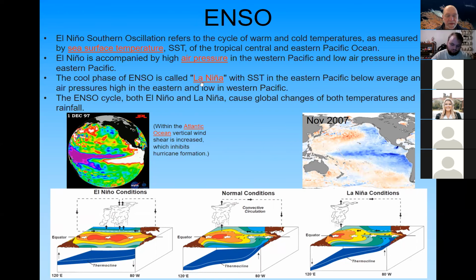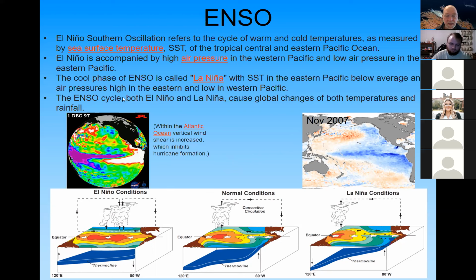And then there's a cool phase called La Nina, when the weather pattern moves further to the east. And so we're now in a La Nina condition. La Nina produces low sea surface temperatures in the eastern Pacific, below average air pressures in the eastern, and high in the western Pacific.